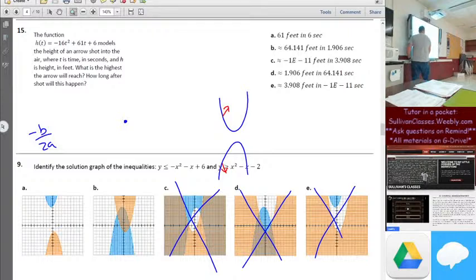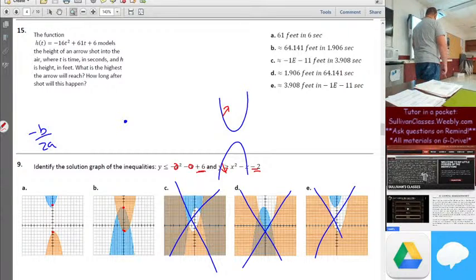So I'm going to use my little trickery here and say if I put in a 0, that's my y-intercept and that's my y-intercept. So one of them is going to have a y-intercept of -2. The other is going to have one of 6. Oh, wait. They both do. Looks like you actually have to graph them, right?